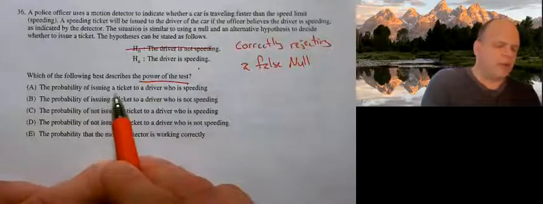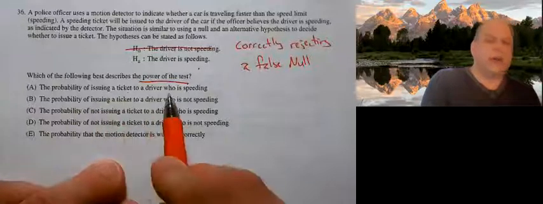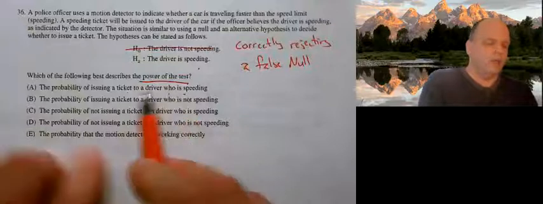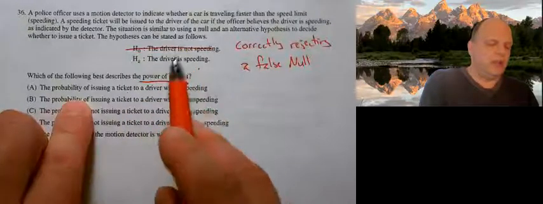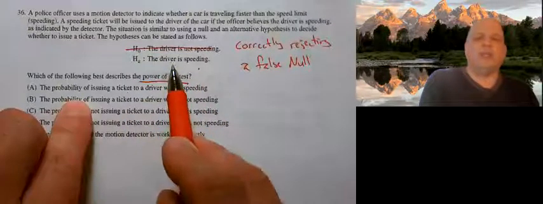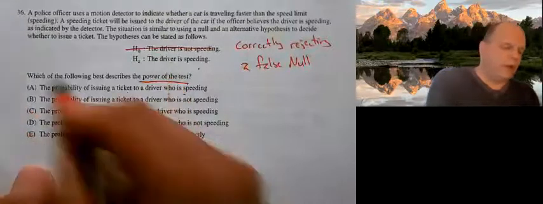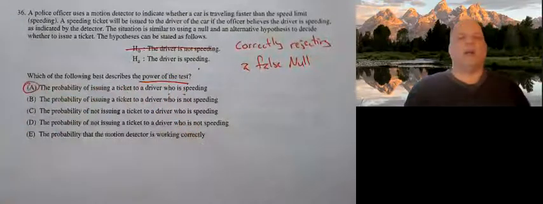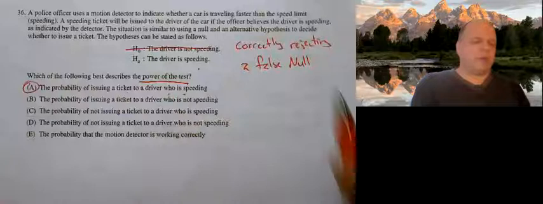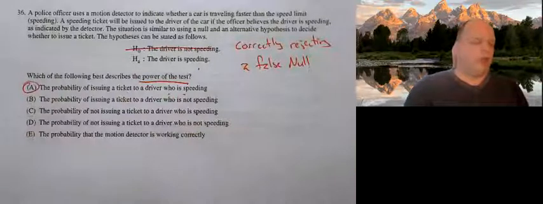So the probability of issuing a ticket to a driver who is speeding. So correctly rejecting this, believing this. If we believe this, what's the officer going to do? They're going to write them a ticket. All right. So power of the test is correctly rejecting a false null. 36 is A.